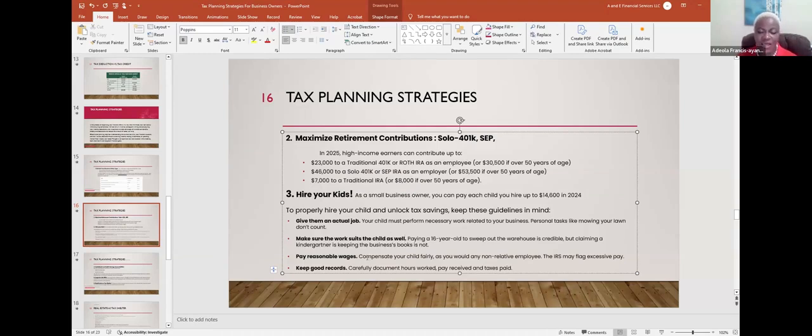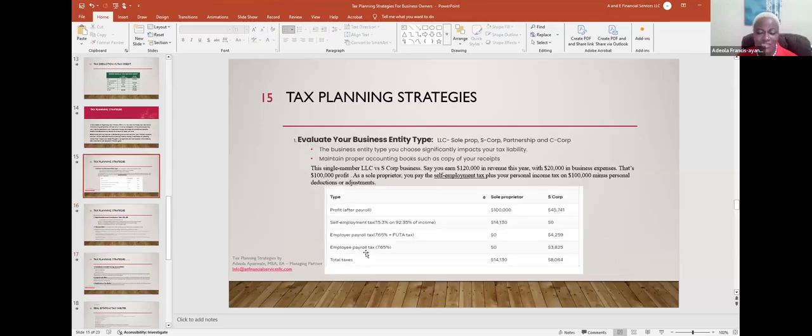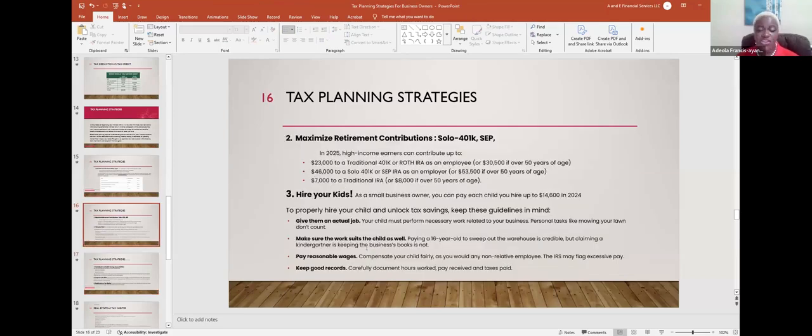You also want to make sure you pay a reasonable salary for your kid, and keep good records when you are doing that. You just don't want to do it in a way that you won't be able to account for it. You have to go through a payroll company to be able to do this. And depending on the business entity that you elect, it also affects the amounts involved in paying your child.